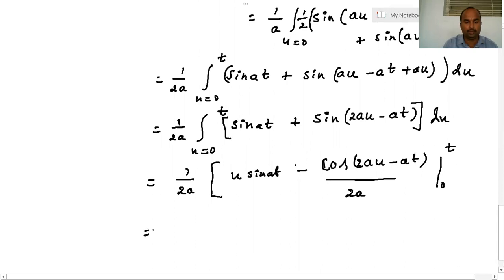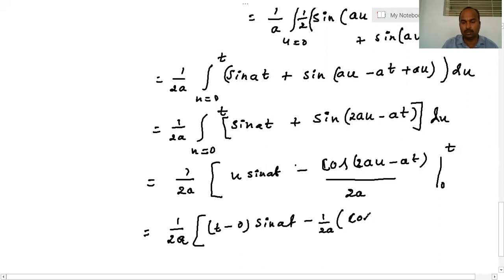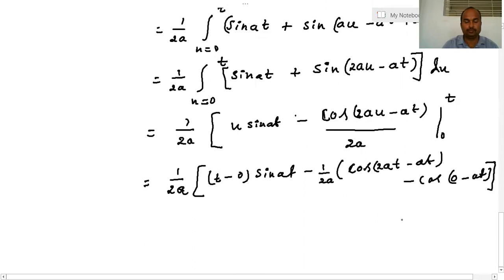I'll substitute the upper limit and lower limit for each term. So 1 by 2a into, here upper limit is t and lower limit is 0, into sin at, minus 1 by 2a into, for u we have to replace upper limit t, cos(2at minus at), minus the lower limit 0, cos(minus at). So this is the integration.